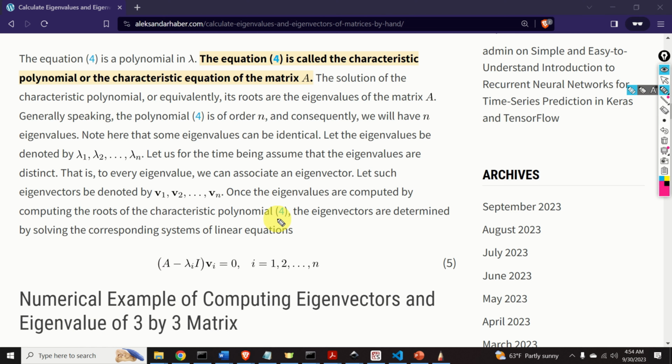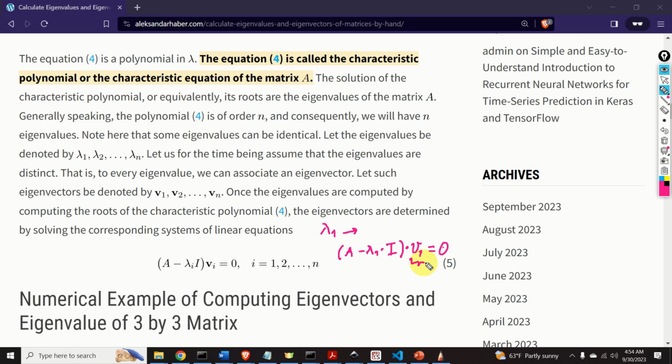Let us assume that we computed lambda 1. Then we simply form a system of linear equations that looks like this: A minus lambda 1 times the identity matrix multiplying v1 should be equal to 0.